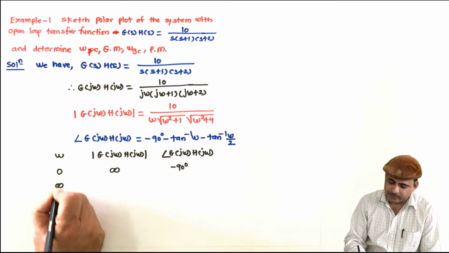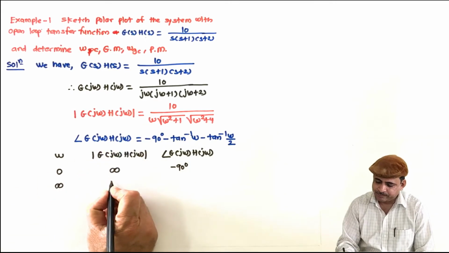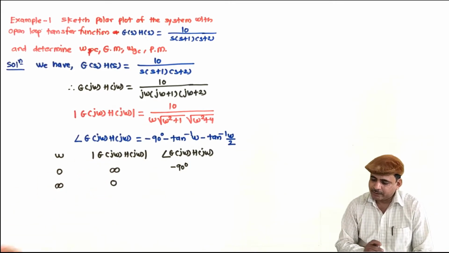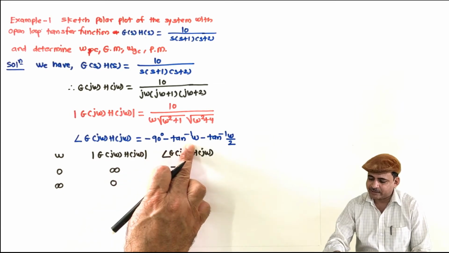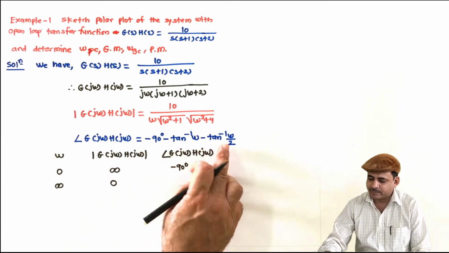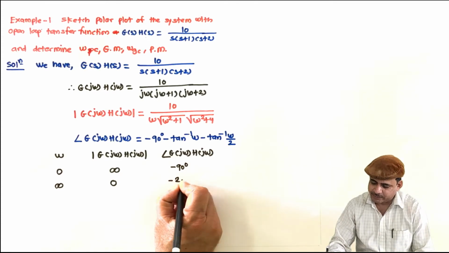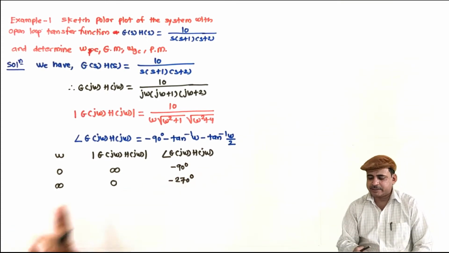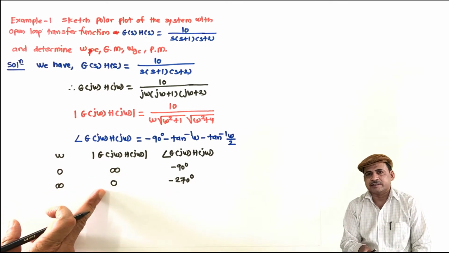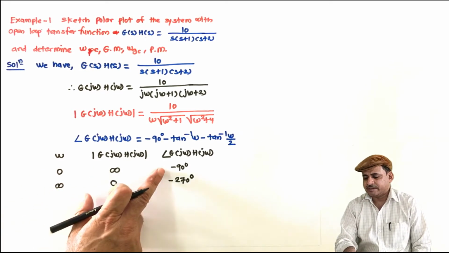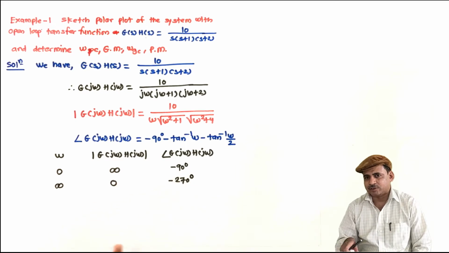And at omega equal to infinity, this magnitude becomes 0 and the angle becomes minus 90, minus tan inverse of infinity is minus 90, minus tan inverse of infinity is minus 90, so it will be minus 270 degree. And this gives me that as omega increases, magnitude decreases and phase changes from minus 90 to minus 270.